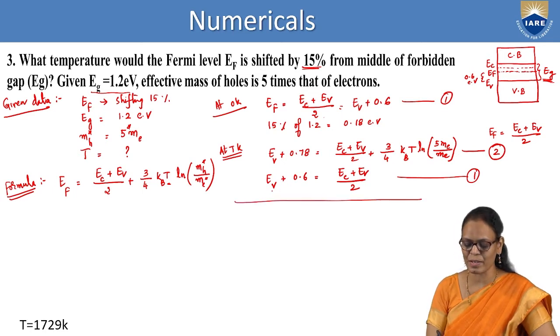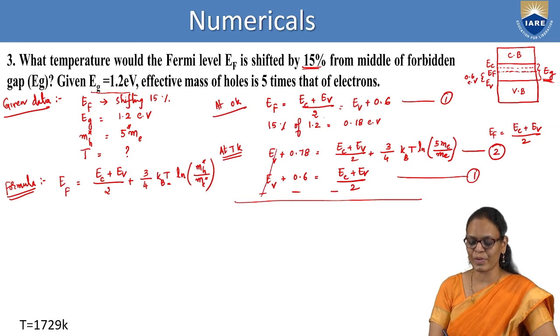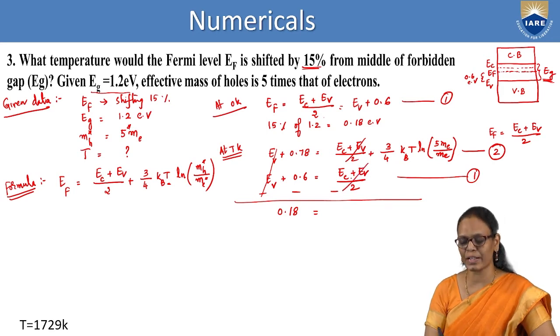Now, if I subtract equation 1 from equation 2, EV gets cancelled. 0.78 minus 0.6 will be 0.18. (EC plus EV) by 2 minus (EC plus EV) by 2 will get cancelled.